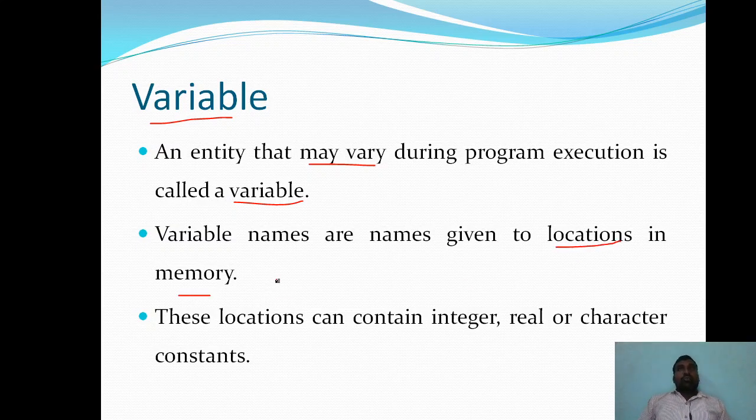In a computer, the information is stored in memory. The memory is divided into several locations, and individual locations are identified with the help of an address. We cannot remember that address every time, so variable names are nothing but the names of those memory locations where we are storing the data.